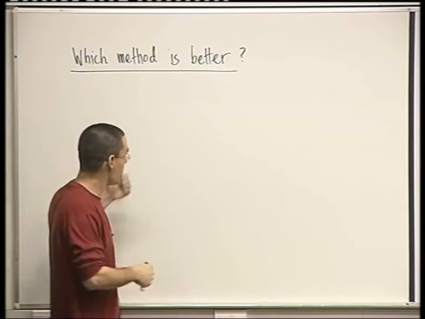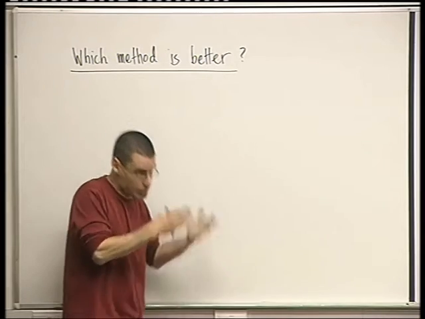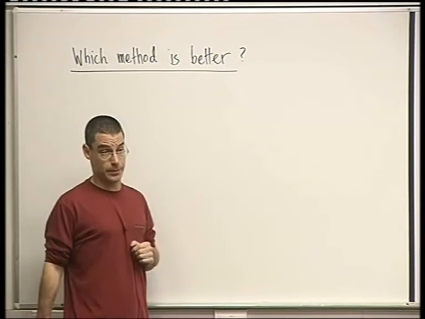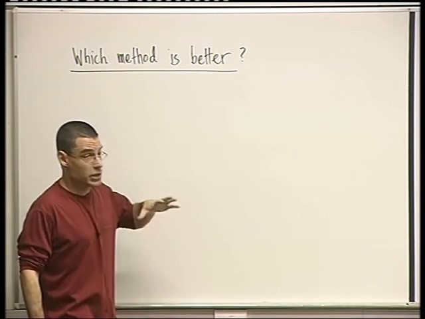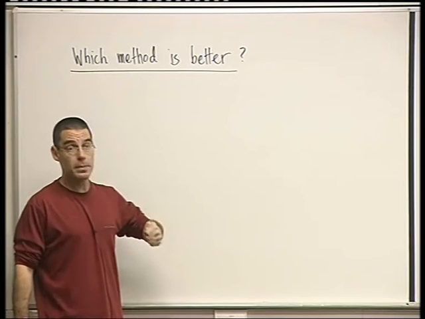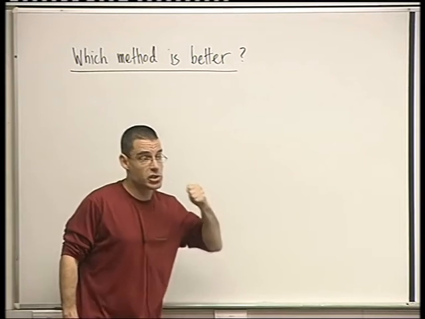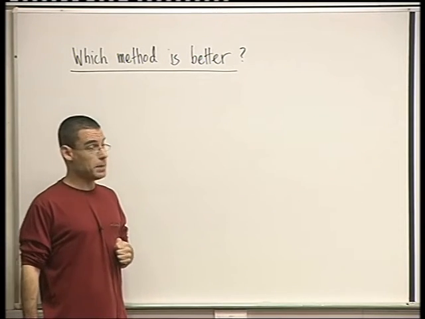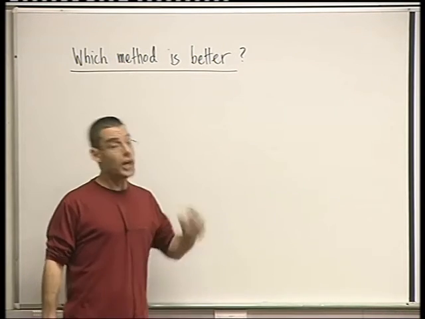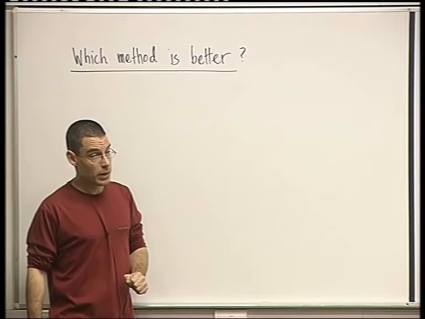How many steps does the computer have to do, expressed as a function of the length of the input, of n, okay? So if n is 20 or 200, does it have to carry out maybe n squared moves, or maybe 3 times n cubed moves, or maybe only log of n moves, okay?